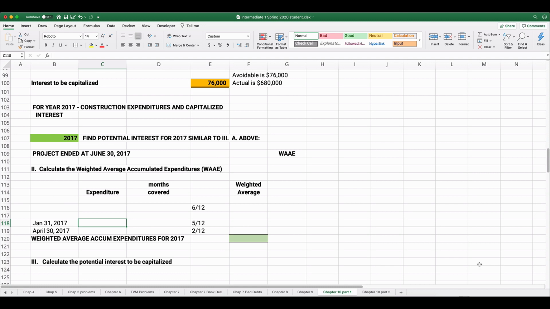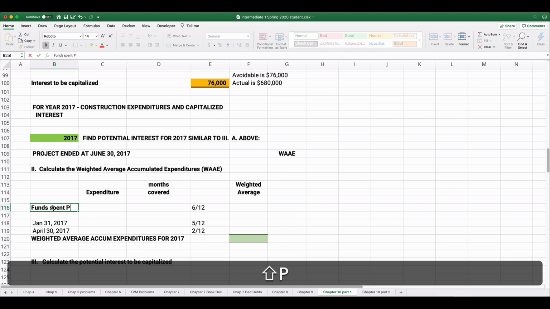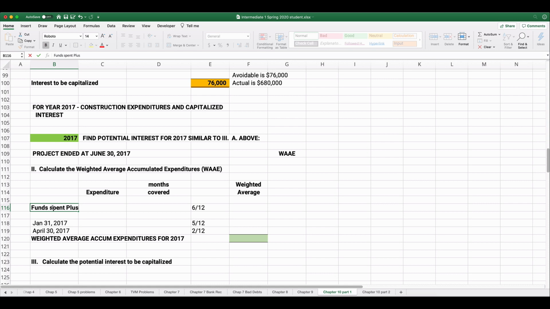Well, our expenditures, let's calculate, let's put a number here. Funds spent plus interest capitalization. So let's do this.